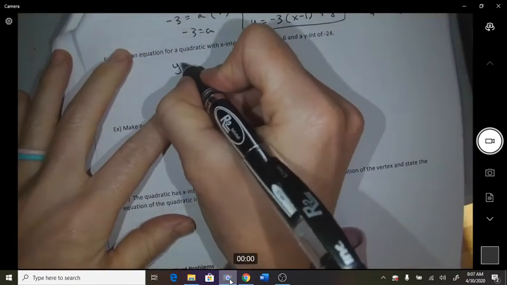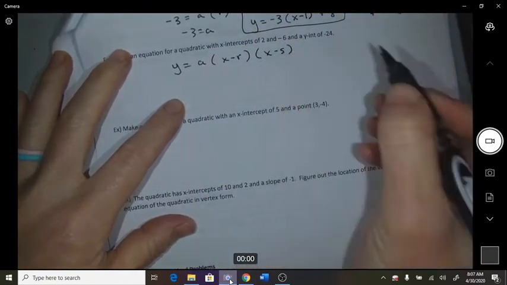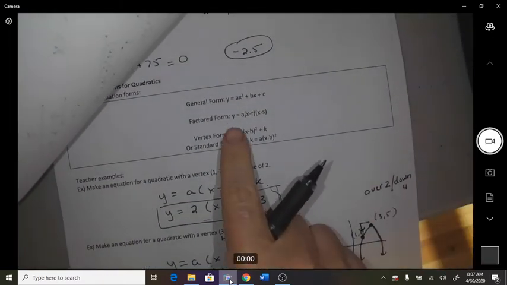Make an equation for a quadratic with x-intercepts of 2 and -6 and a y-intercept of -24. So this time I'm going to start with factored form.